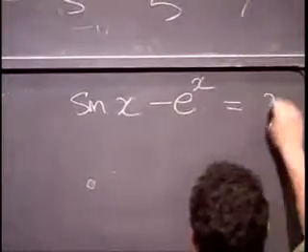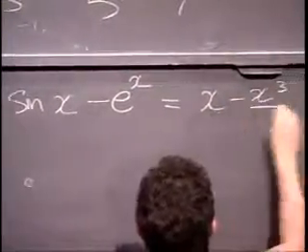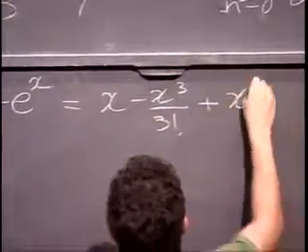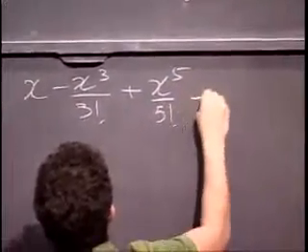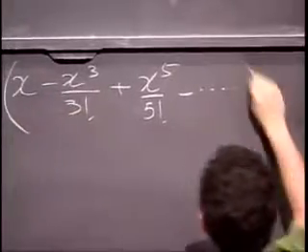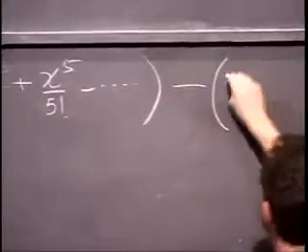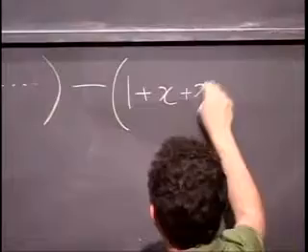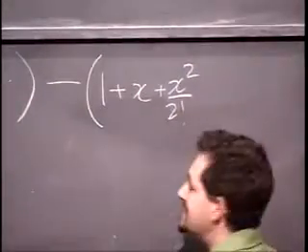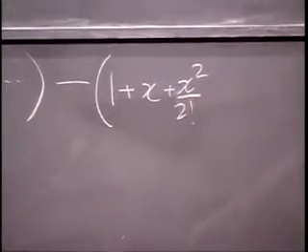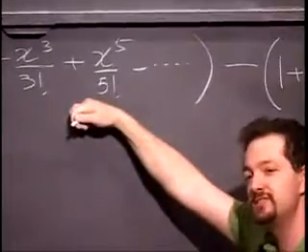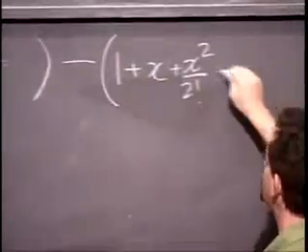Well, you just write sine x as x minus x cubed over 3 factorial plus x to the 5 over 5 factorial, and so on. And then, in this case, I'm subtracting the series for e to the x, 1 plus x plus x squared over 2 factorial. One caveat is you must make both of these series go up to the same order.